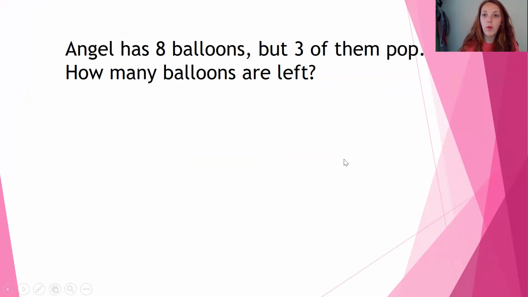Okay, so our first story problem is: Angel has 8 balloons, but 3 of them pop.